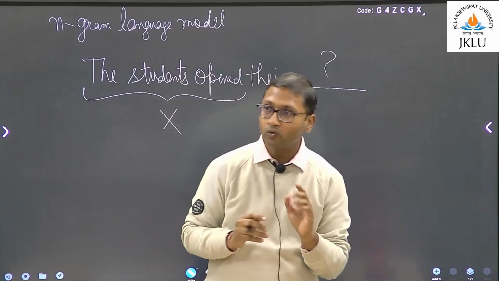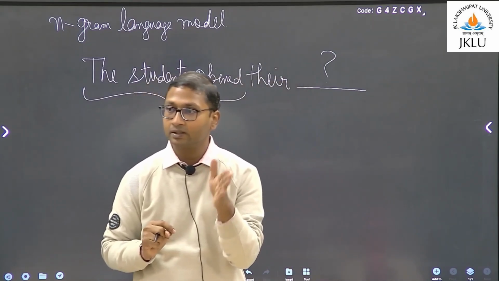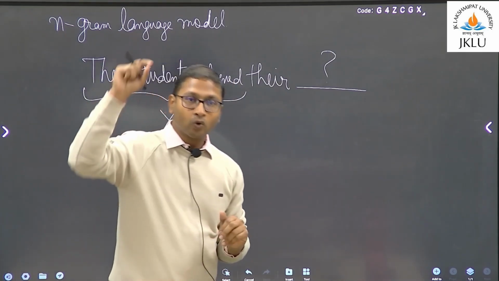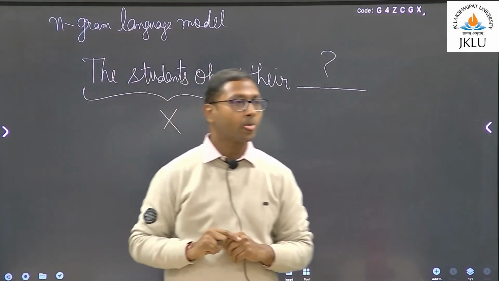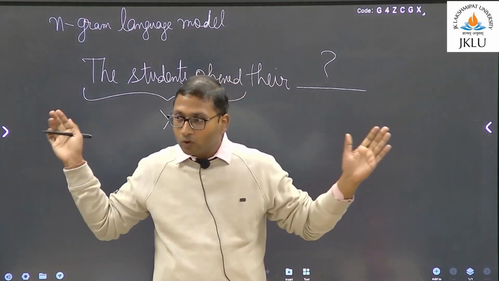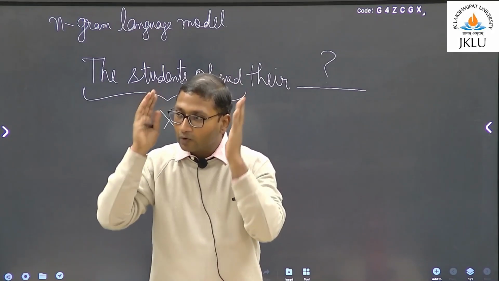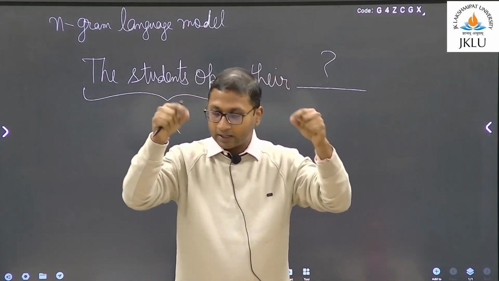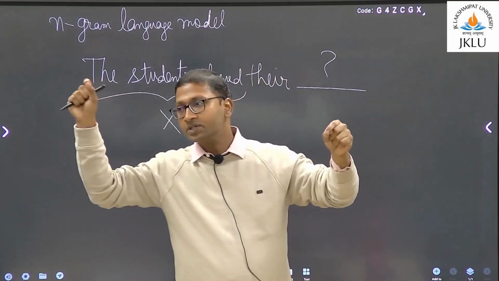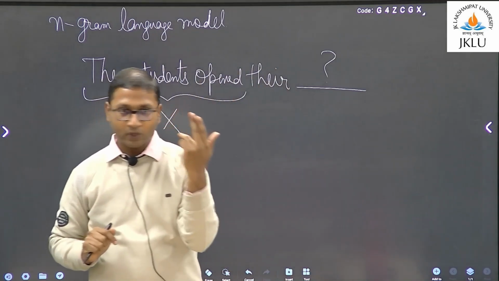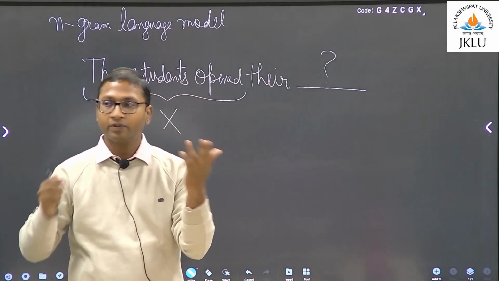I just care about what occurs after there, okay. So, in my whole corpus, what do I see? In my whole corpus, what do I compute? I compute the occurrences of there and what comes after that. There won't be just one single word, so there will be a lot of words.